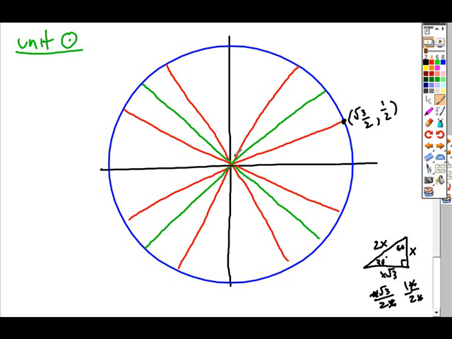What do you think is going to happen right here at 60 degrees? It's the same triangle, only now when you're looking at the cosine, the adjacent side is x and the hypotenuse is 2x. So what's the cosine of 60 degrees going to be? x over 2x, which is 1 over 2.